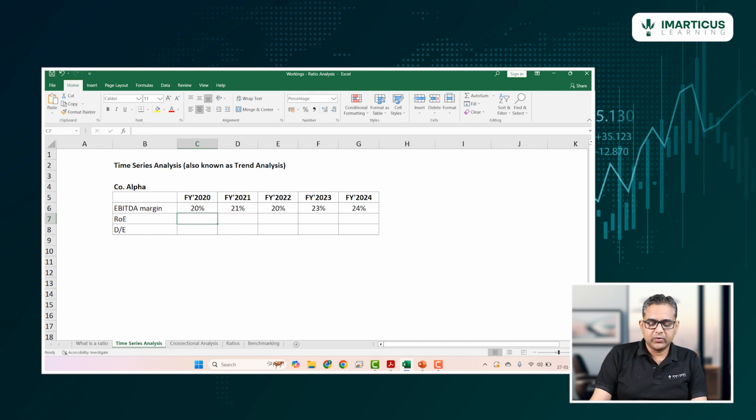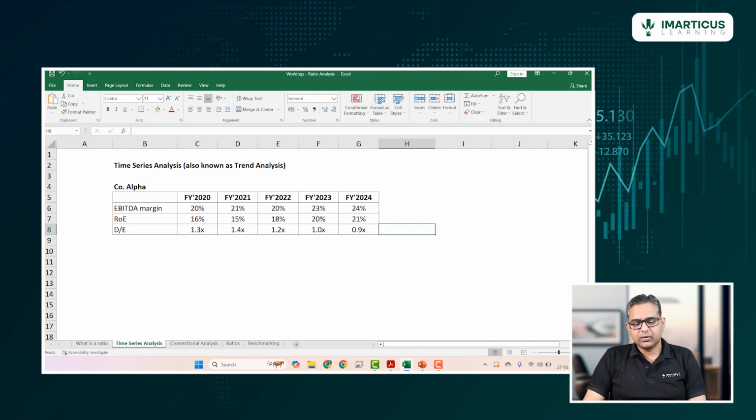Similarly, let's say their ROE was this, and let's say their debt to equity was this much. Right. So now this is what we do in time series analysis or trend analysis.